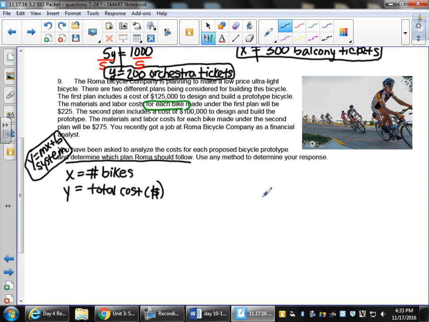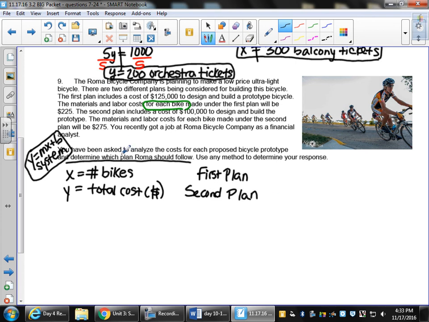We are comparing two plans. Do they have names? I think it just says first plan and second plan. So first plan, second plan.